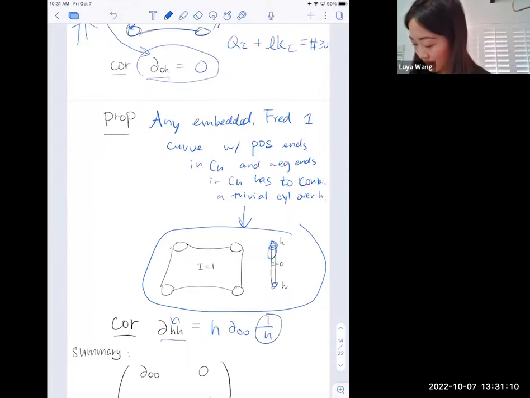So you get rid of this H, and then you do the usual partial 0,0, and then you add this H back here. All right.